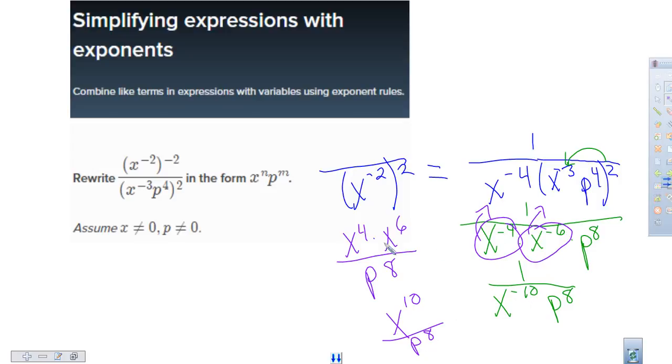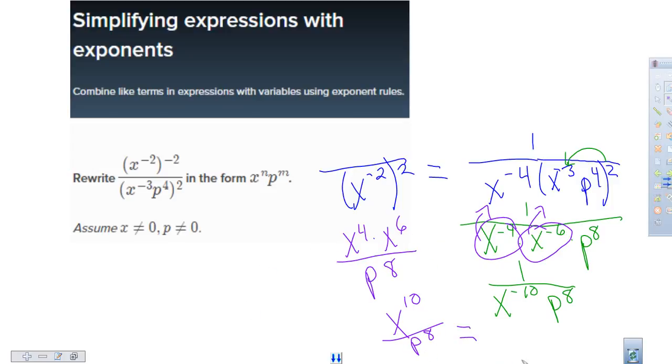Negative exponents move to the top, negative exponents move to the bottom, make them positive. And here if I look at this, 4 x's are being multiplied times 6 more x's, a total of 10 x's being multiplied. We can add those exponents again. Those bases match, so we can add the exponents. So I end up with x to the 10th over p to the 8th.